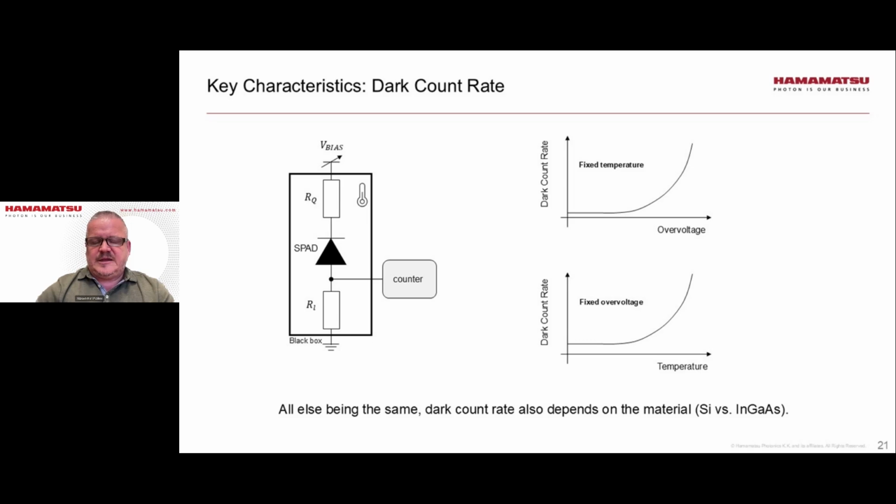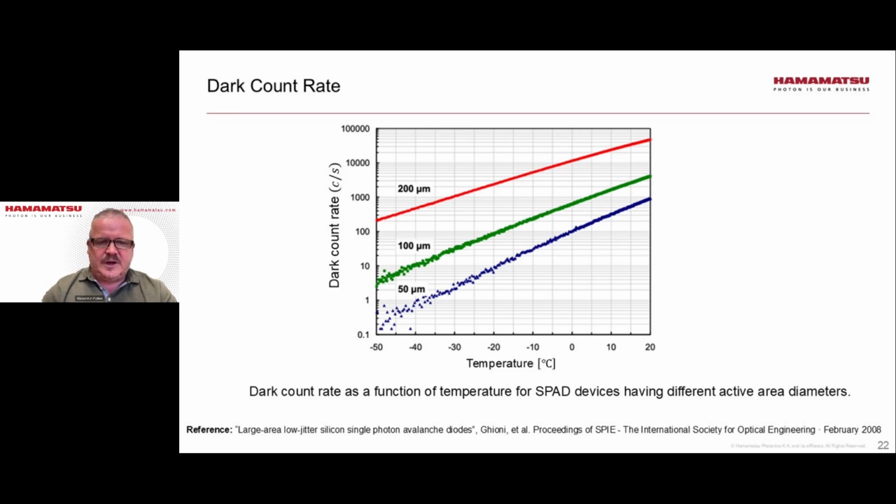And at the bottom, we see how dark count rate increases with temperature for a fixed overvoltage. Unfortunately, for silicon SPADs, this knee occurs close to room temperature, which means that as temperature increases above room temperature, we have a rapid increase in the dark count rate.